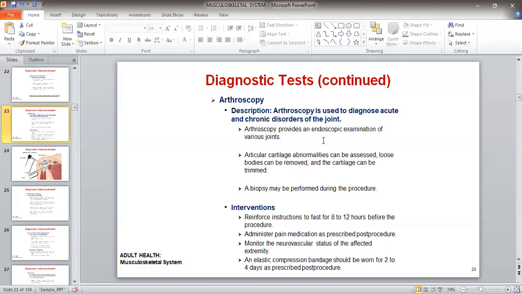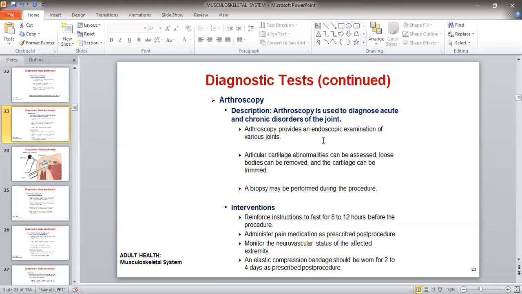Then if the patient agrees, the healthcare provider has to take the informed consent, and you will be there as a witness because you are an RN. So I said all this is the procedure and part of any kind of diagnostic test or any kind of procedure.